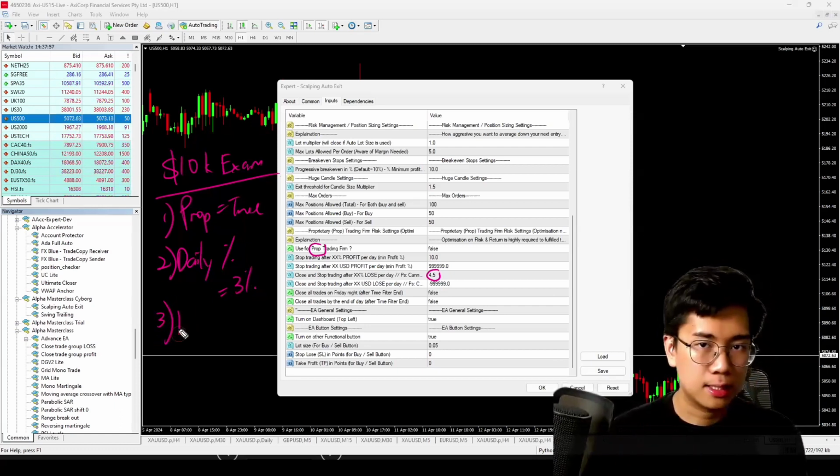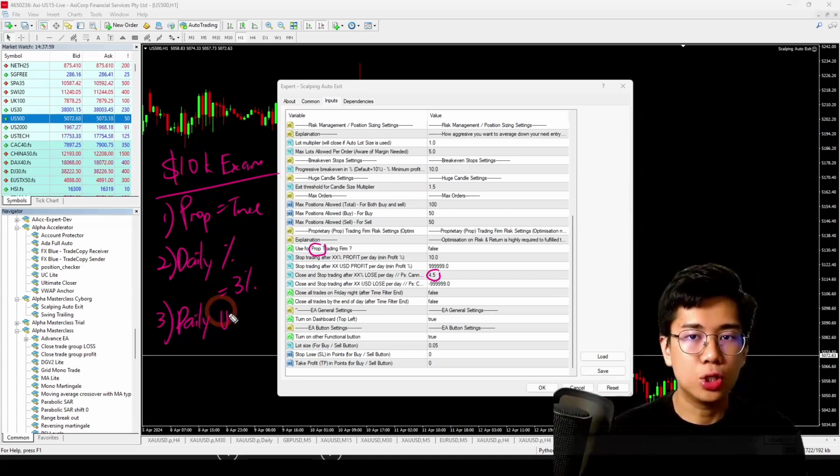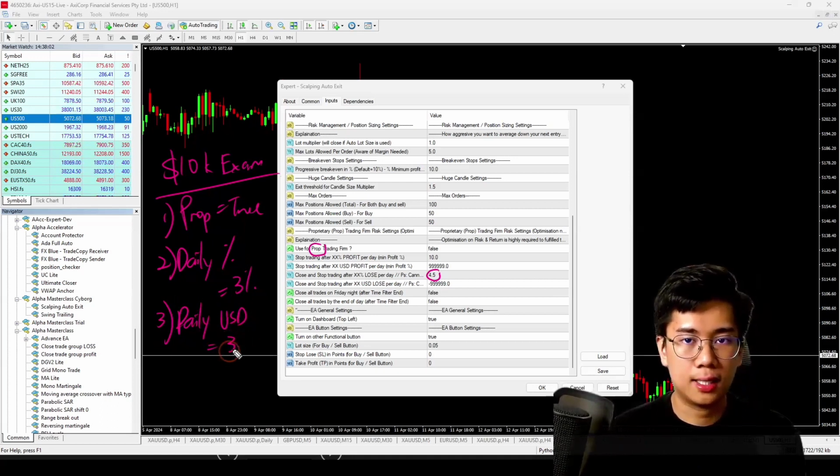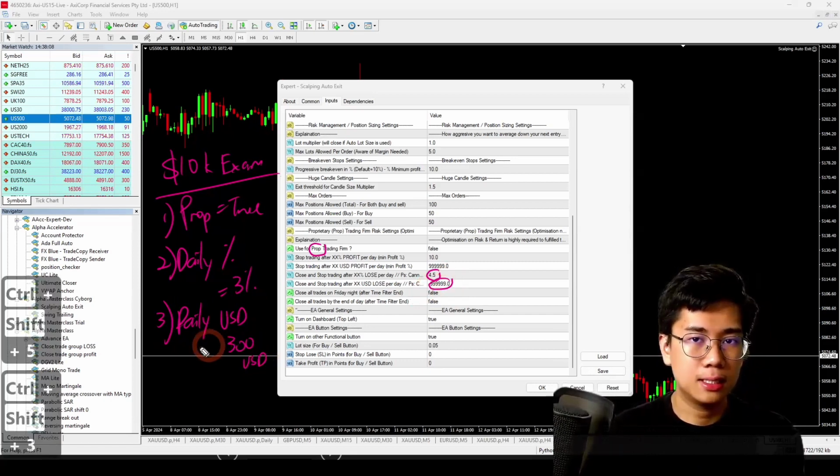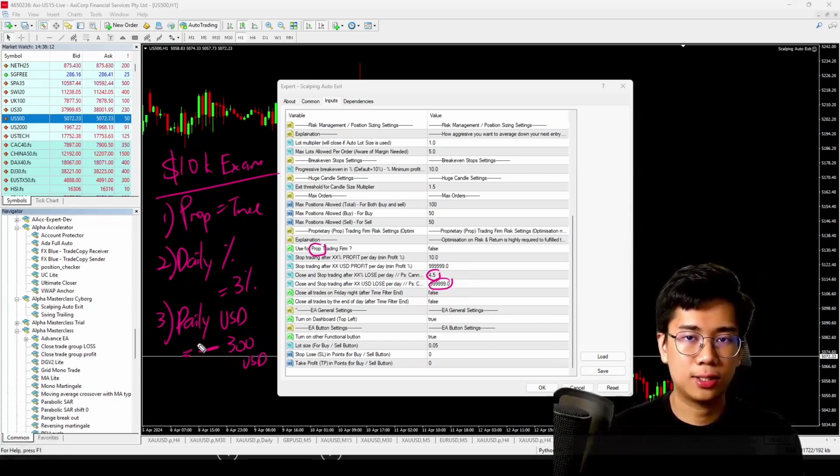And third is the daily US dollar to be at $300, which is this amount. But bear in mind, this needs to be set as a negative $300. Okay, negative $300. And that's it. That's it for everything.